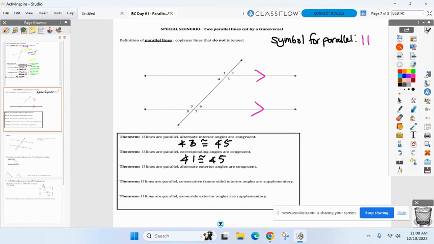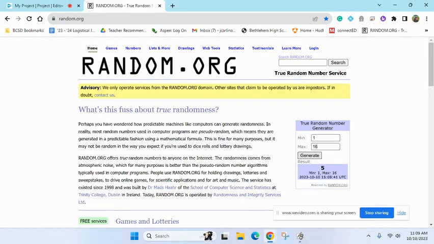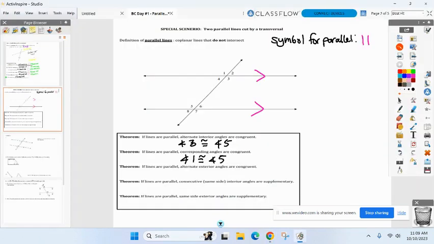So far, alternate interior angles are congruent, corresponding angles, and the last pair that will always be congruent are alternate exterior. So give me a pair of alternate exterior in this diagram. Thomas? 7 and 1. Yep. So those are the pairs that are congruent.